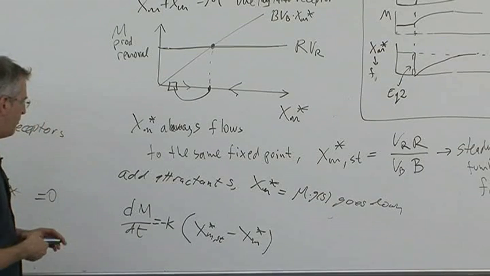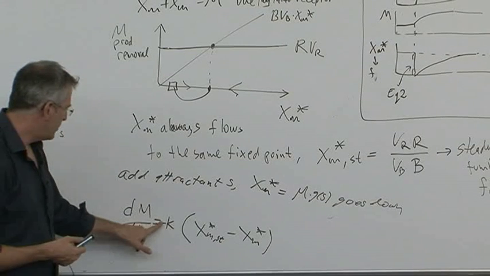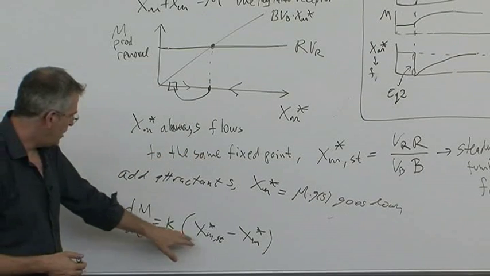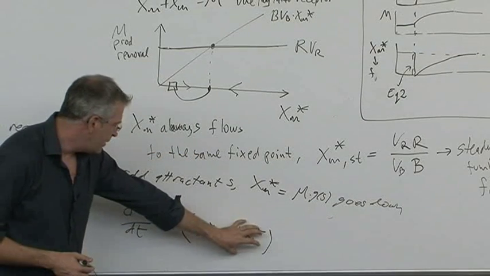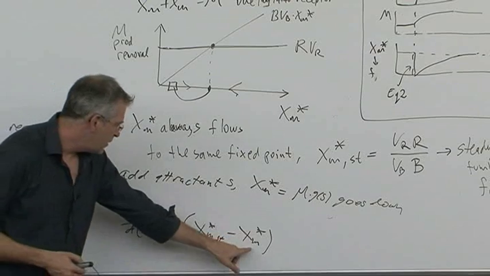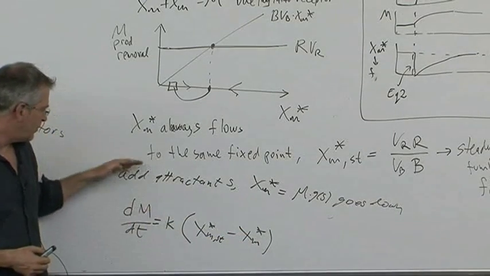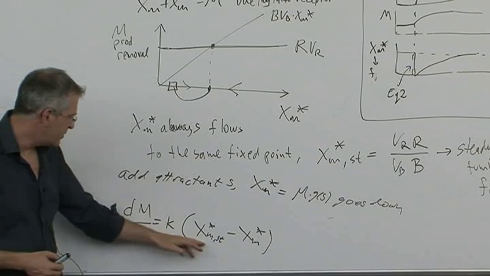This constant, by the way, is VBB. If I have more than the steady state, then M goes down. If I have less than steady state, M goes up.